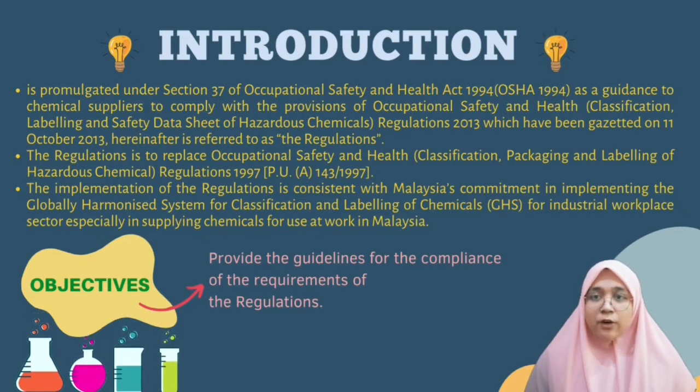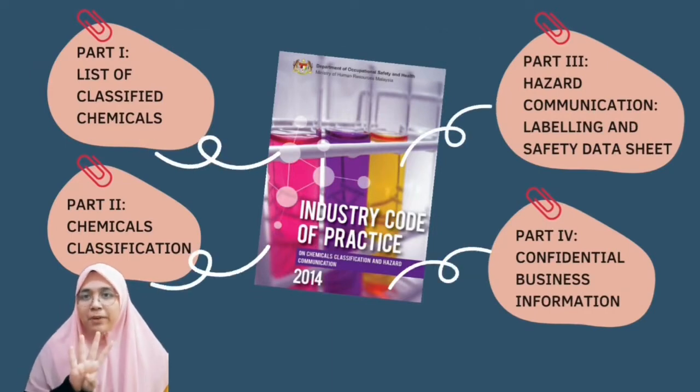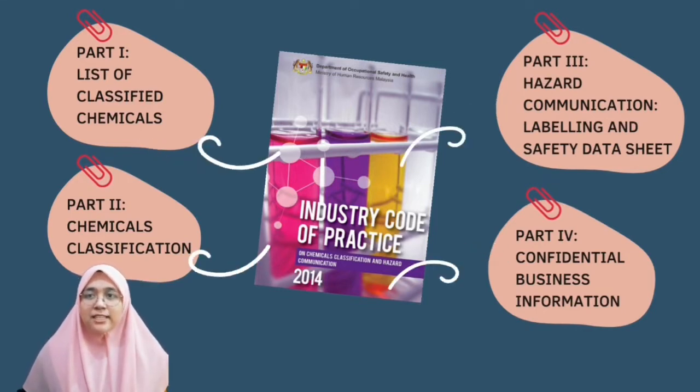Besides, the objective of this is to provide guidelines for compliance with the requirements of the regulations. Next, ICOP consists of 4 parts: Part 1, List of Classified Chemicals; Part 2, Chemicals Classification; Part 3, Hazard Communication Labeling and Safety Data Sheet; and lastly, Part 4, Confidential Business Information.